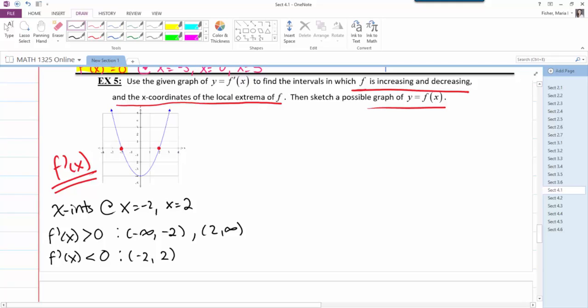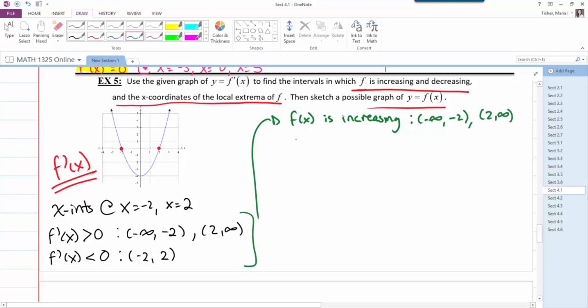So what does that mean for us? That f of x is increasing on the intervals negative infinity to negative 2 and then from 2 to infinity, and f of x is decreasing on the interval from negative 2 to positive 2.